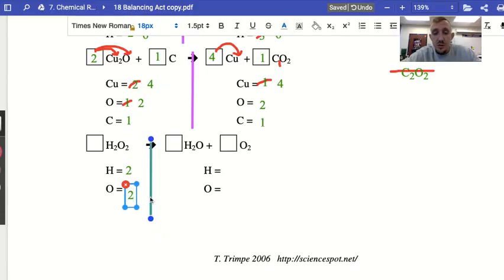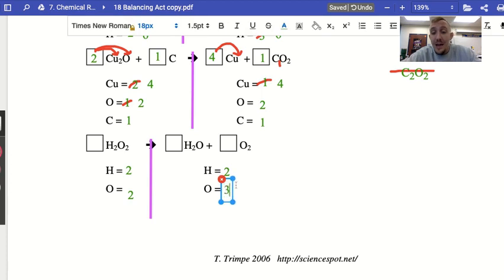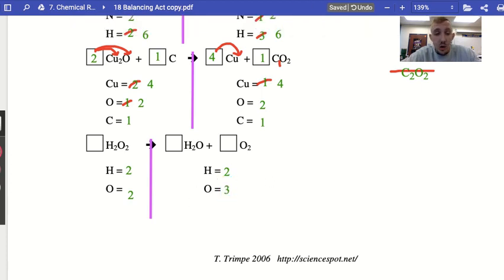For the hydrogens, again, I have 2. But if you look at this, I actually have 3 oxygens, because I have 1 oxygen here plus 2 here. So it's 1 plus 2, so I have 3.